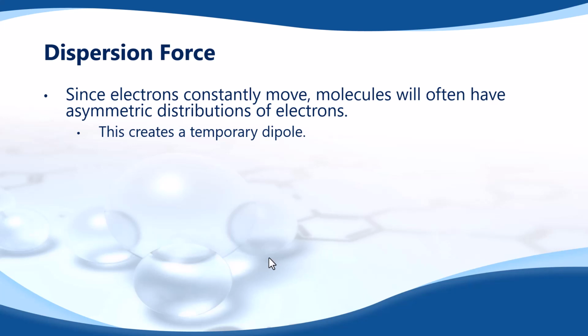Right, because what happens is that since electrons are in constant motion around a molecule, it's quite possible that you will get a distribution of electrons where one side of the molecule has more electrons than the other side, leading to that side being more negative, the other side being a little bit more positive. These are temporary because as the electrons move back and forth, they'll go away, they'll get stronger, they'll get weaker, they'll change directions, right? But they will almost always constantly exist in a sample of a substance.